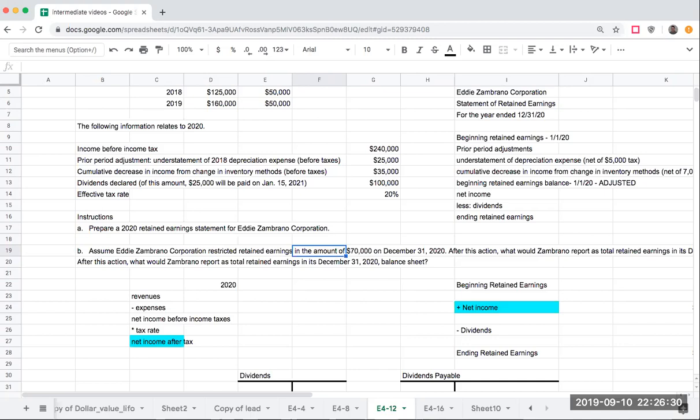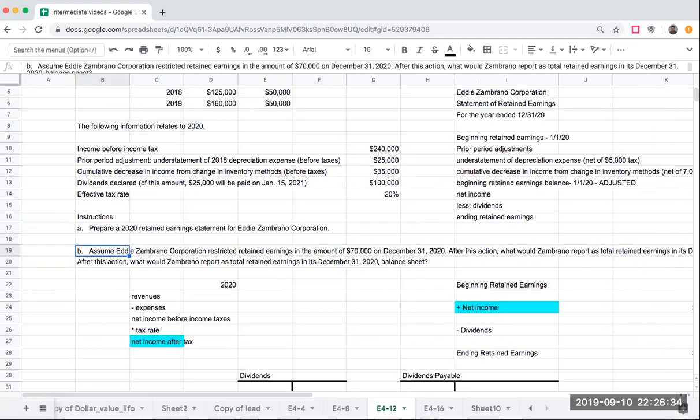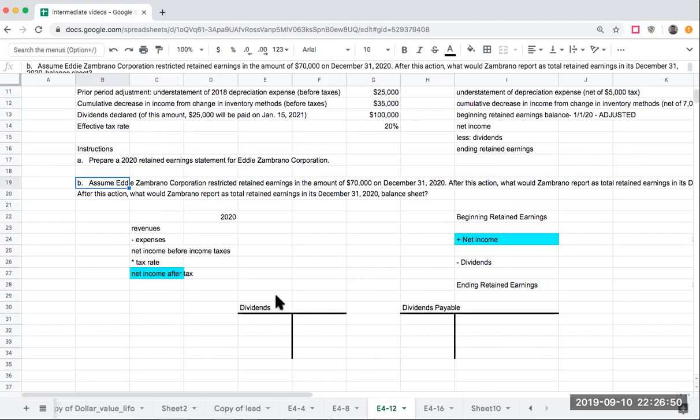This is done by a board action, and it can restrict the use of those retained earnings. It may make it so a dividend cannot be paid out, but they can be restricted for various reasons. Have I ever seen that in my accounting career? No, it's more of an academic exercise.